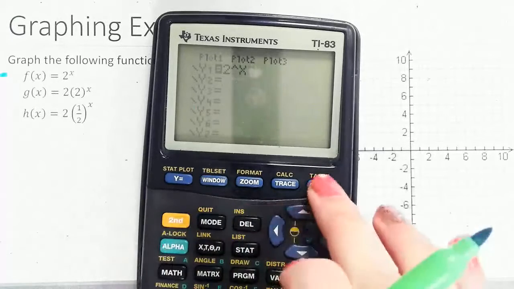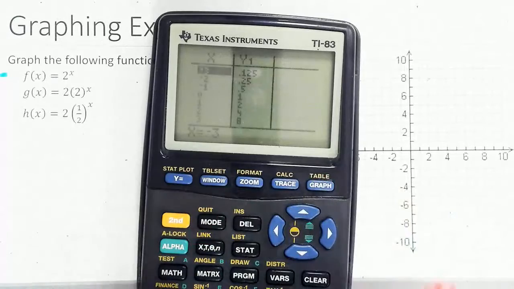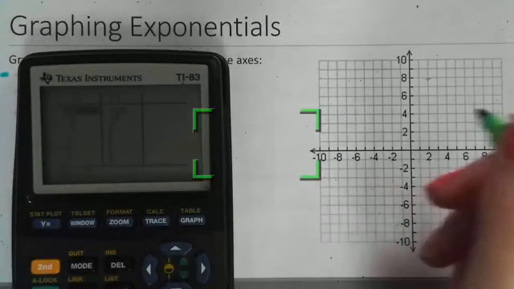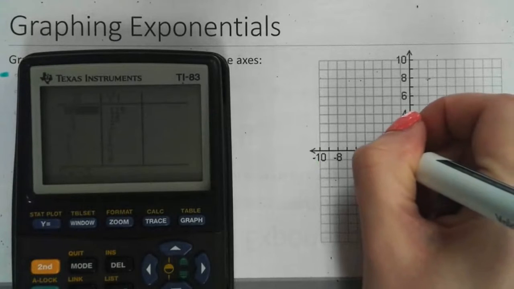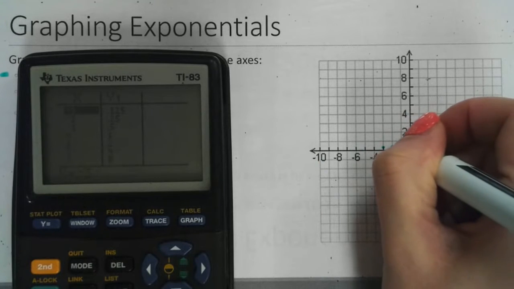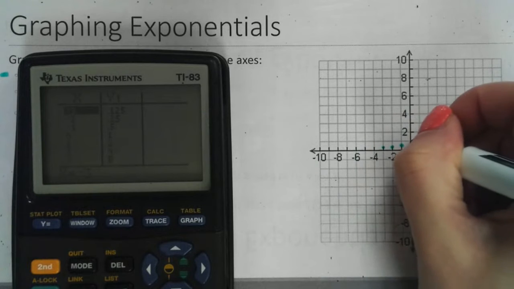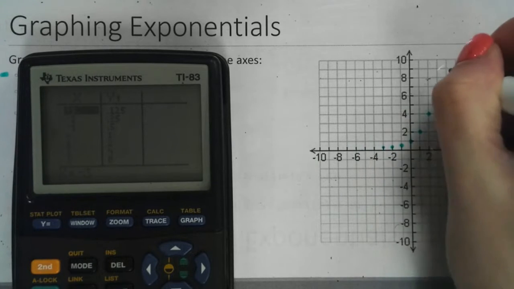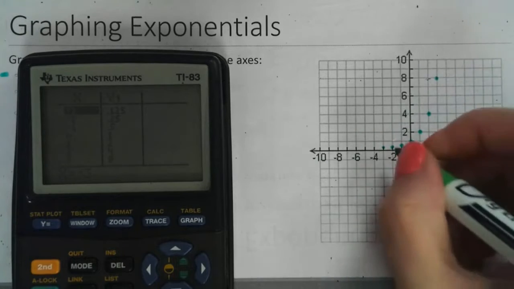And then if I go second graph, that'll bring me to my table, and that will give me some points I can plot. So I have -3, 0.125, -2, 0.25, -1, 0.5, 0, 1, 1, 2, 2, 4, 3, 8.